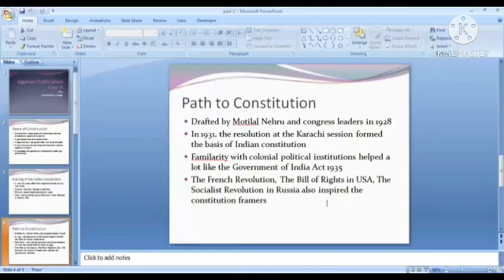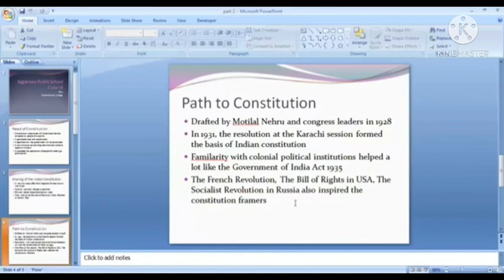And the socialist revolution in Russia also played an important role in the setting up of the constitution of India. I mean the ideas derived from the socialist revolution, and also through the constitution of Russia, we included in our constitution the fundamental duties.